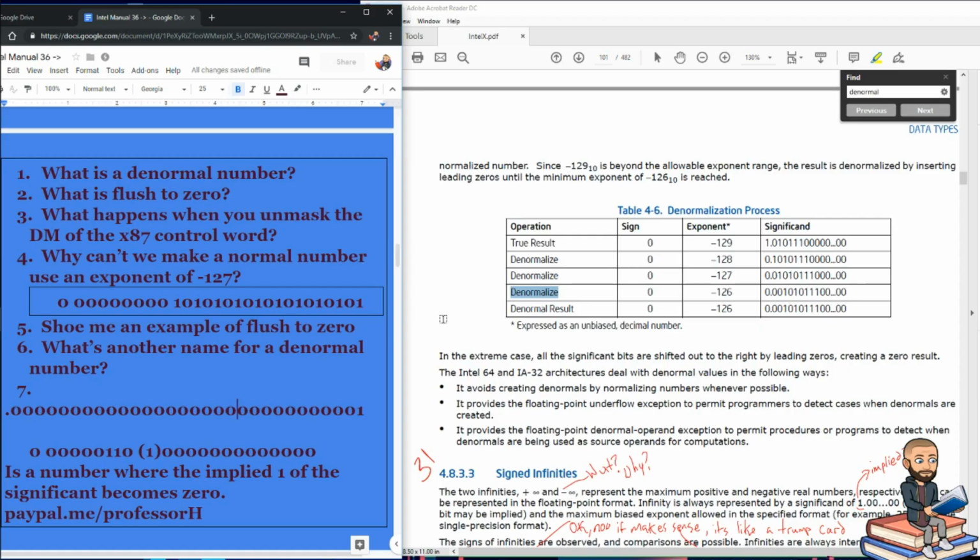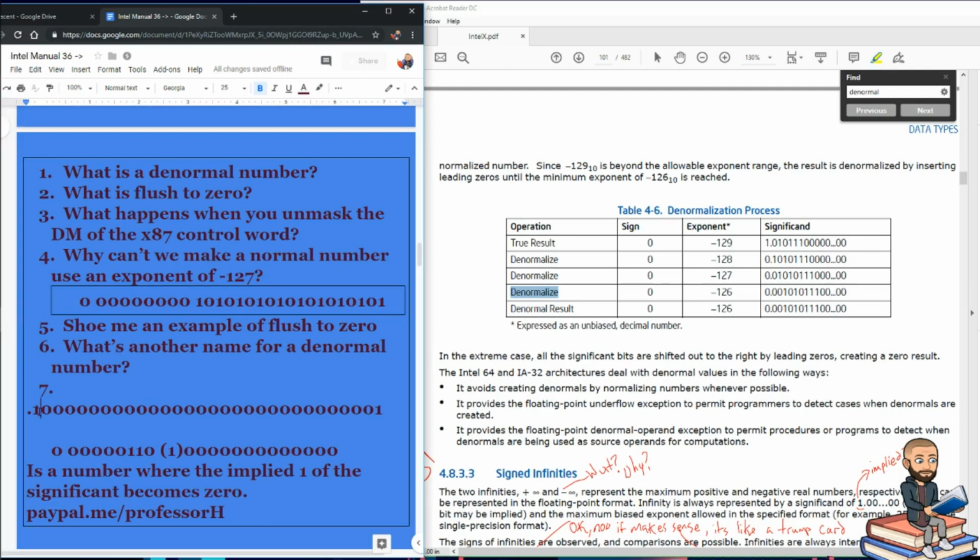Okay, so here's where I realized I went wrong. I started with that one all the way right next to the decimal. So when I have a denormal number, just like that, this number is going to be a binary number to the negative 127.